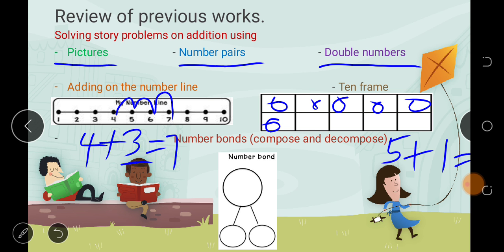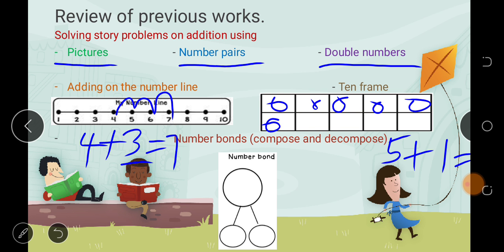Once the upper part is filled up, just hold on to that. You know that is 5. And then you continue counting. It will get to a time you won't even need to count again. Wherever your counter stops, by looking at the 10 frame, you already know what that number is as you keep practicing.